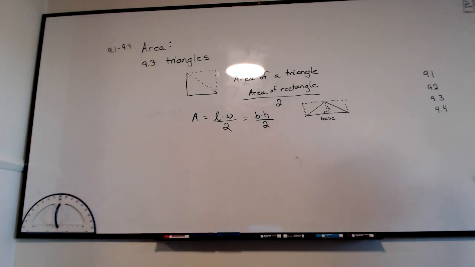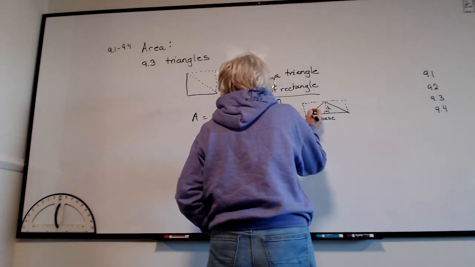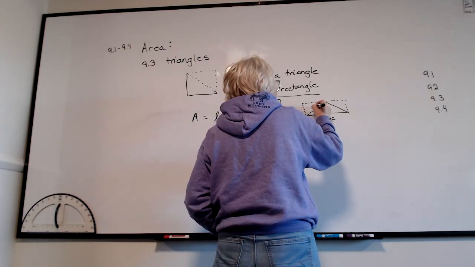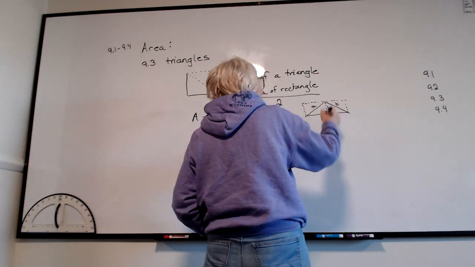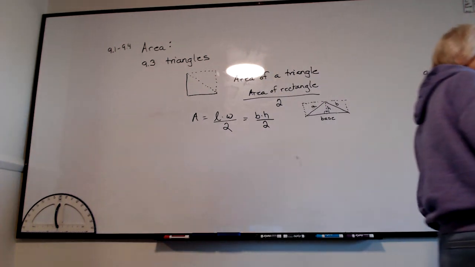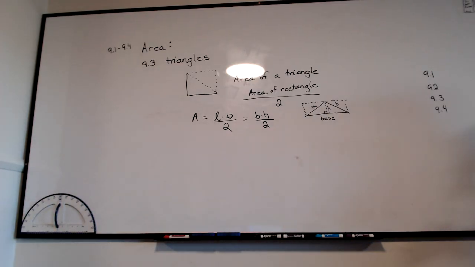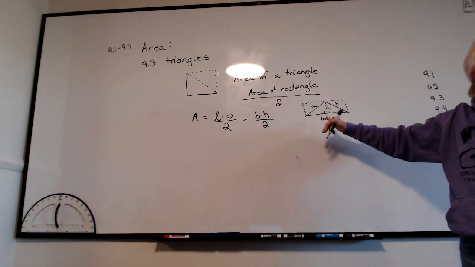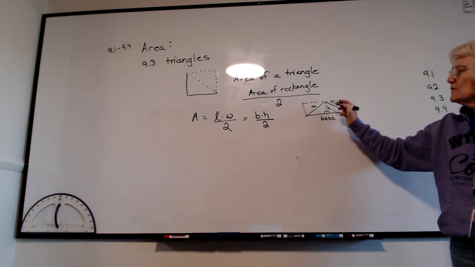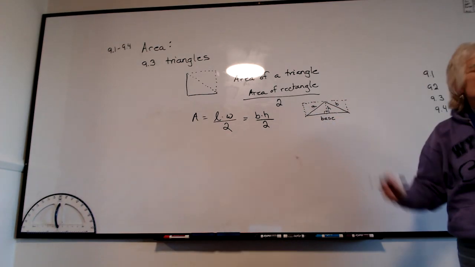We usually know the length of these sides. Let's say I'll call this A and this B. We can make one of them into a right triangle to find that height. You're looking for one of the legs, not the hypotenuse. So again, it's always the height straight up and down with a 90-degree angle times the base divided by 2. And if you look at that, you can see why it's divided by 2.